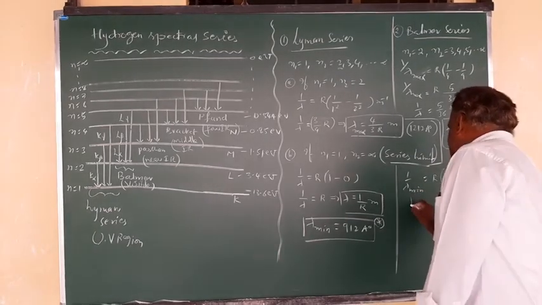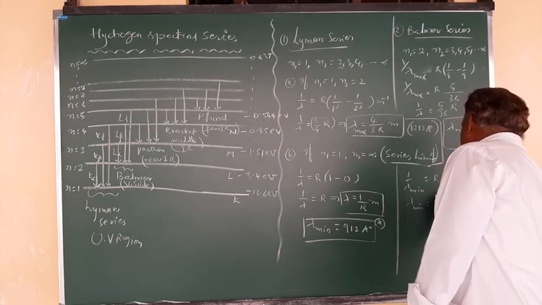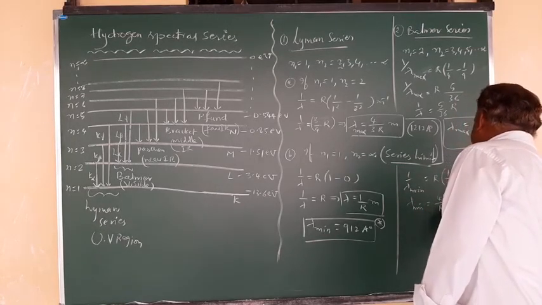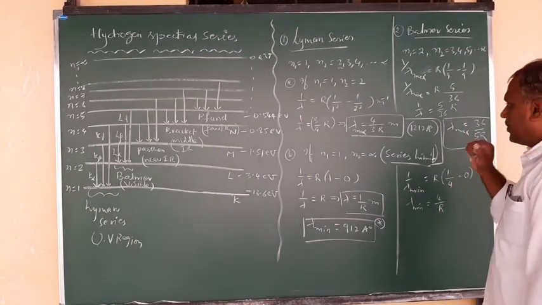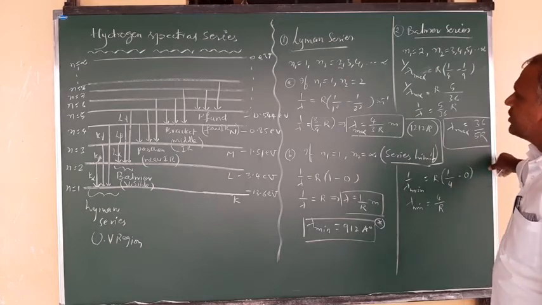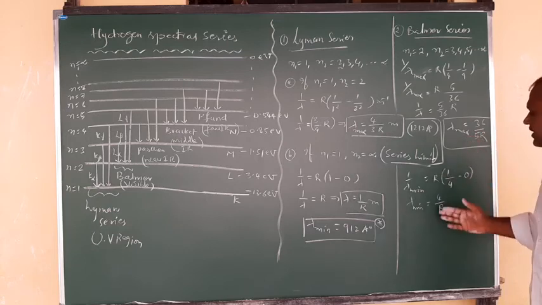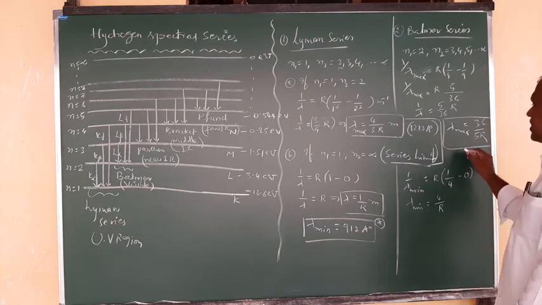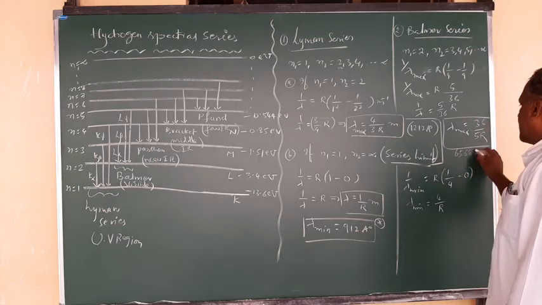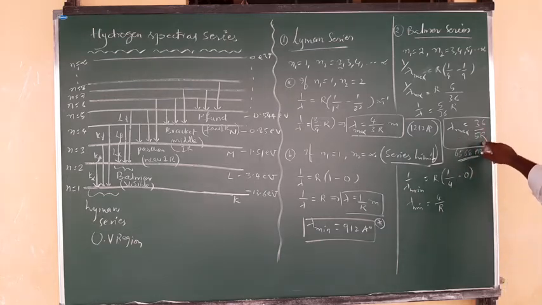So lambda minimum is equal to 4 upon R. So this is the calculation for the maximum and minimum wavelengths. The maximum wavelength is about 6568 angstrom units. If you simplify this, you get the value for the maximum wavelength in the Balmer series, 6568 angstrom units.